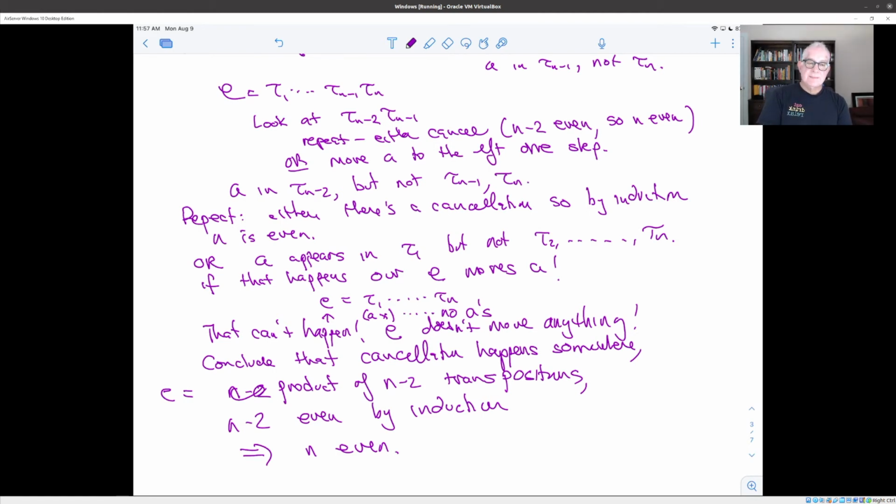So this is a really nice kind of reduction argument to show that if you have the identity element as a product of transpositions, there have to be an even number of transpositions involved.